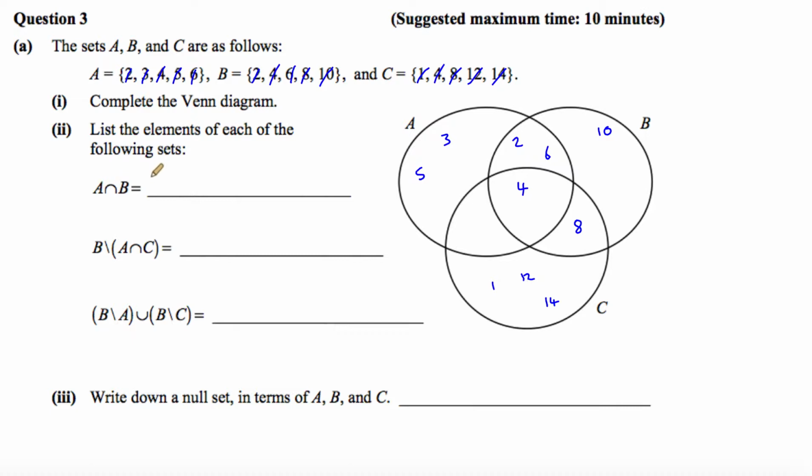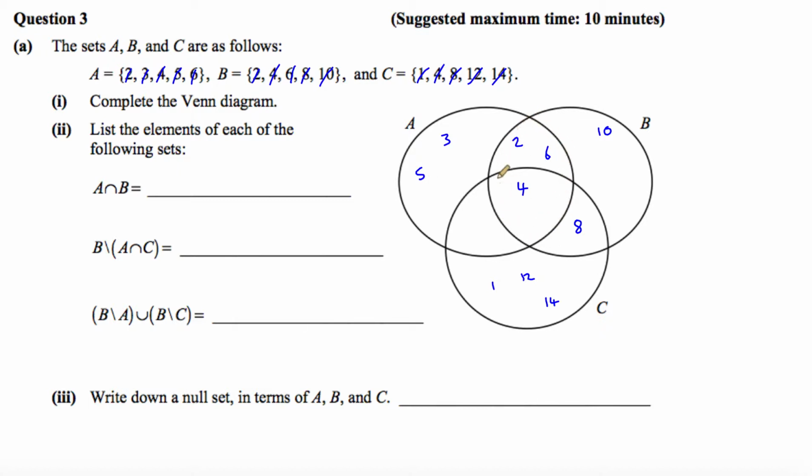Part 2 says list the elements of each of the following sets. A intersection B. So these symbols are in your tables book in case you forget them. But A intersection B is the elements that are in A and B at the same time. So A and B at the same time would be this region here.